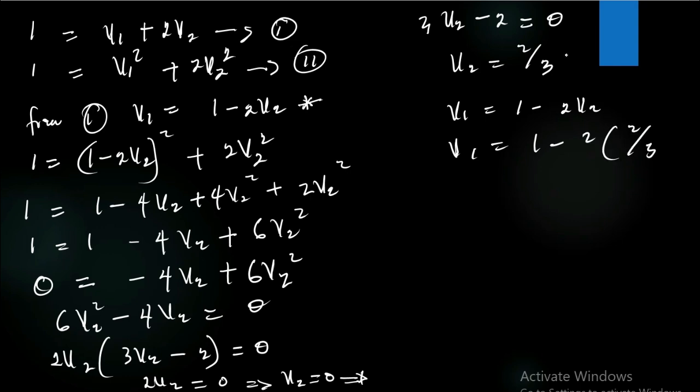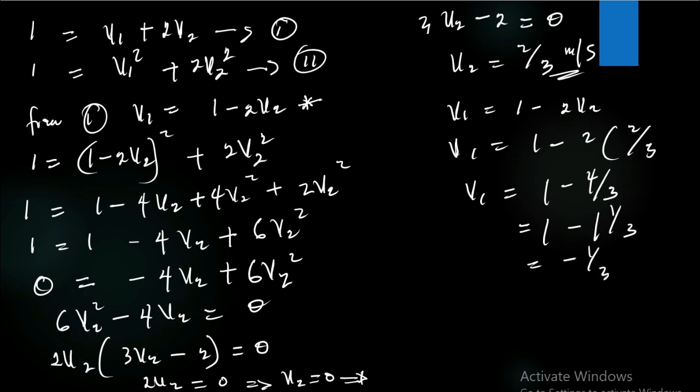My v2 is in meters per second because we're talking about velocity. So v1 will now be equal to 1 minus 4 over 3, which is equal to 1 minus 1 whole number, 1 over 3. Obviously, this is equal to minus 1 over 3 meters per second. The negative sign simply tells us that the first ball, v1, moved in the opposite direction.